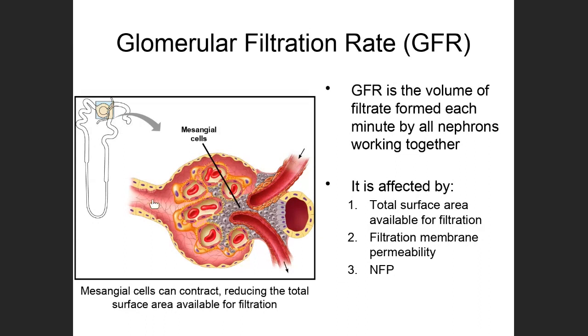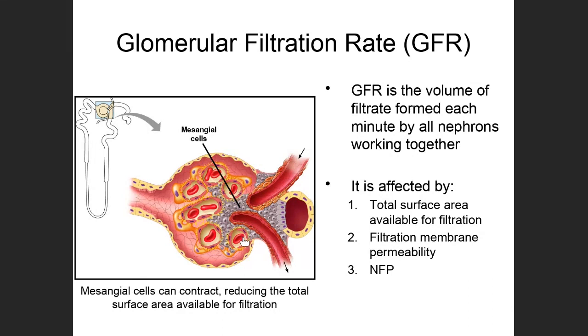If we see a decrease in NFP, which would likely be due to a decrease in blood pressure, specifically within the glomerulus, there's less pressure pushing stuff out in those situations, and we're going to then see a decrease in GFR. Less filtrate's going to be formed simply because there's not as much pressure pushing stuff out.